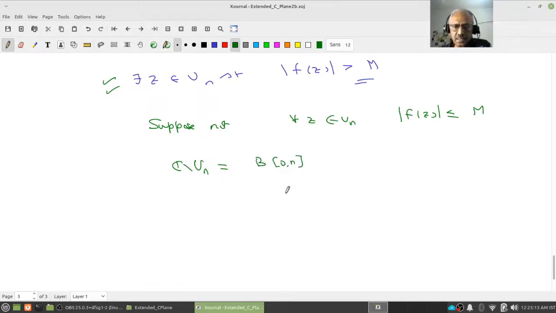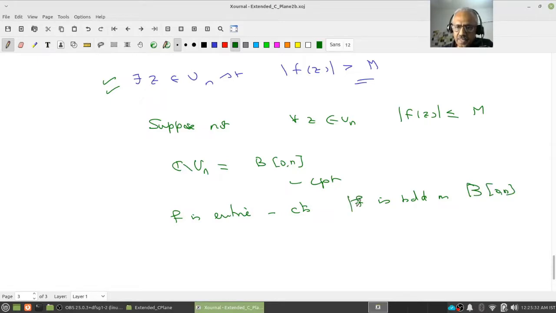Now this is compact and f is entire, and hence continuous. Therefore f is bounded on B(0,n) because it's a compact set. That means there exists M1 so that for all z in B(0,n), mod f(z) is less than or equal to M1.